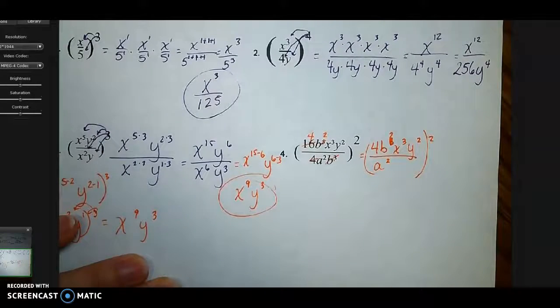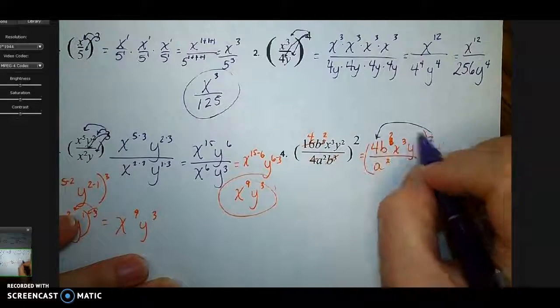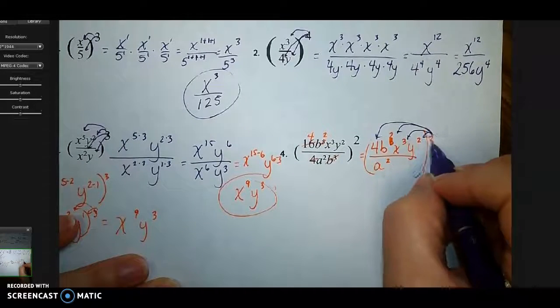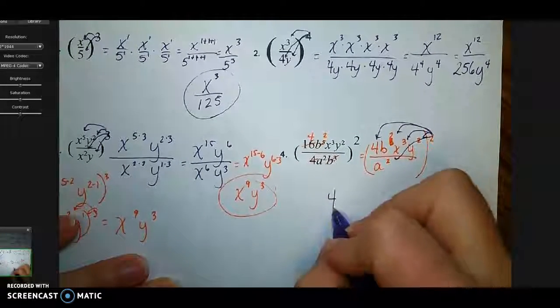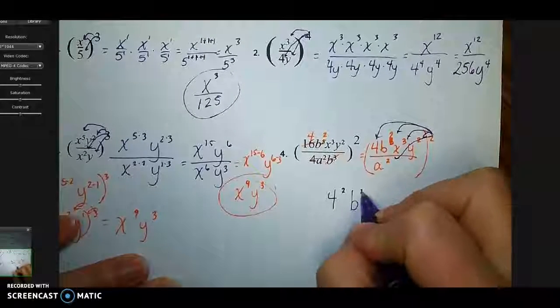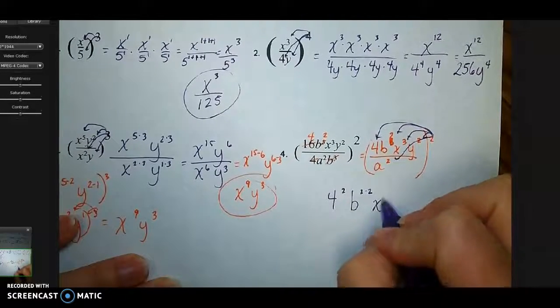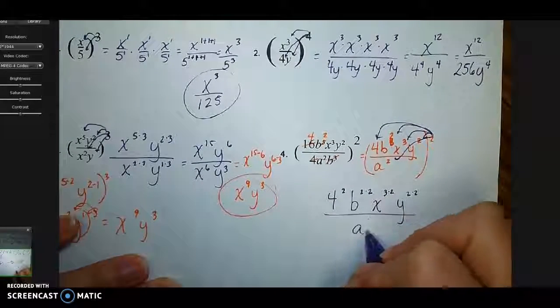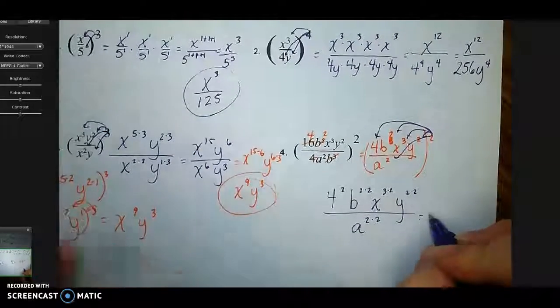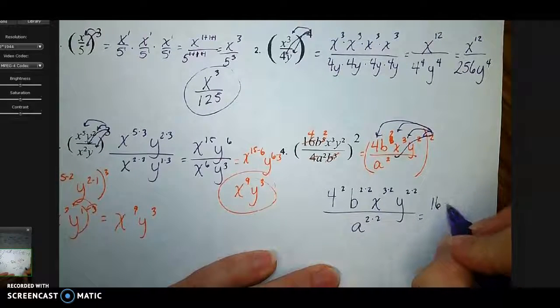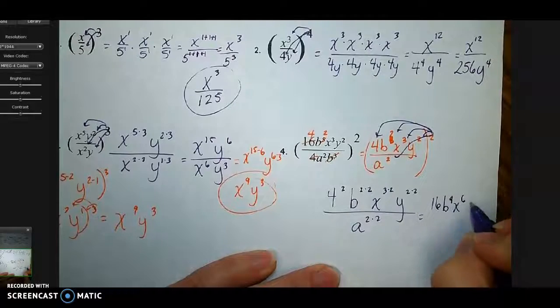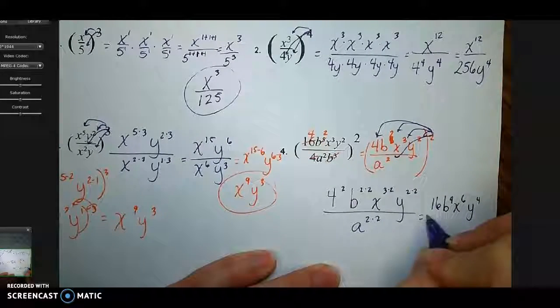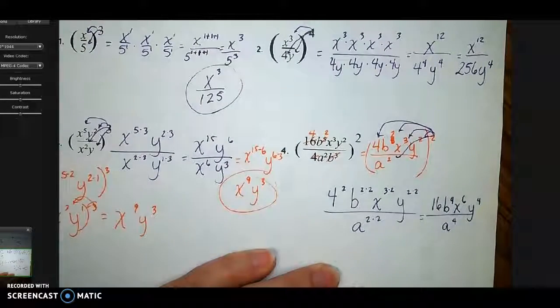So I've cleaned that one up a little bit before I start passing out. So I'm going to have 4 squared, and that squared, and that squared, and that squared. Everything's going to be squared. So I have 4 squared, b to the 2nd squared, x to the 3rd squared, y to the 2nd squared, over a to the 2nd squared. So that's when I can end back up with 16, b to the 4th, x to the 6th, y to the 4th, a to the 4th.